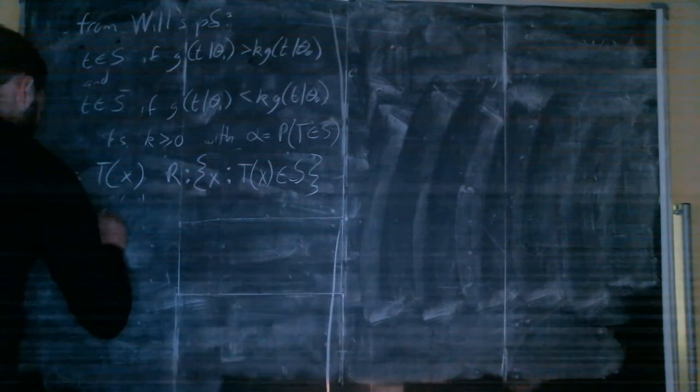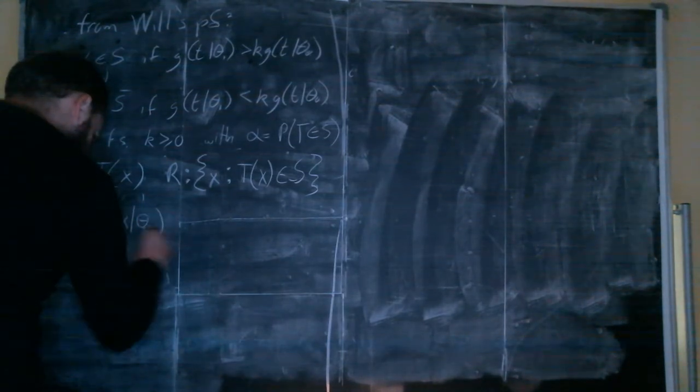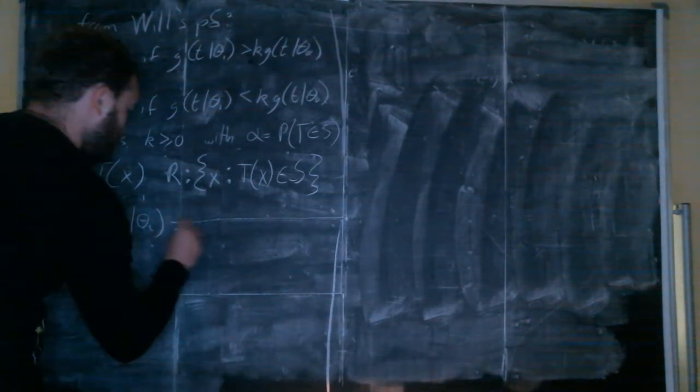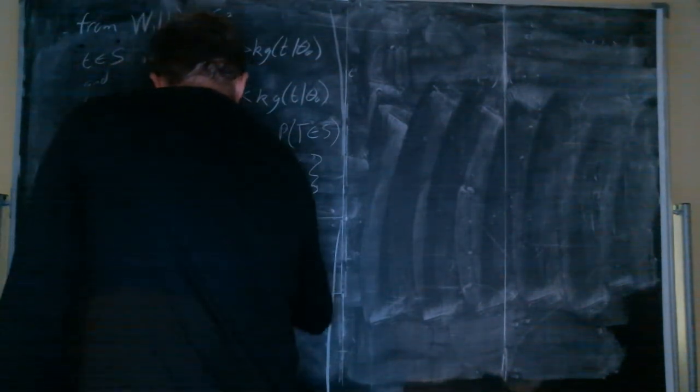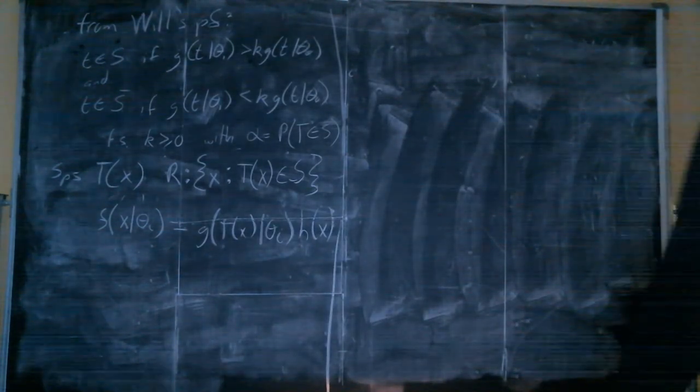From the Neyman-Pearson lemma, we know that we can take this mass function from the lemma, and from the factorization theorem, we know that we can write this as g of T of x given theta i times some positive function h of x.